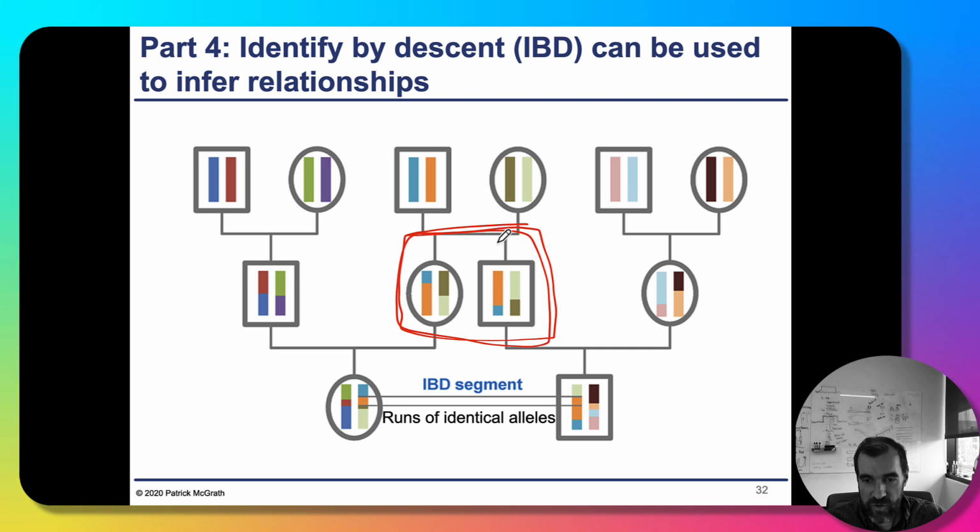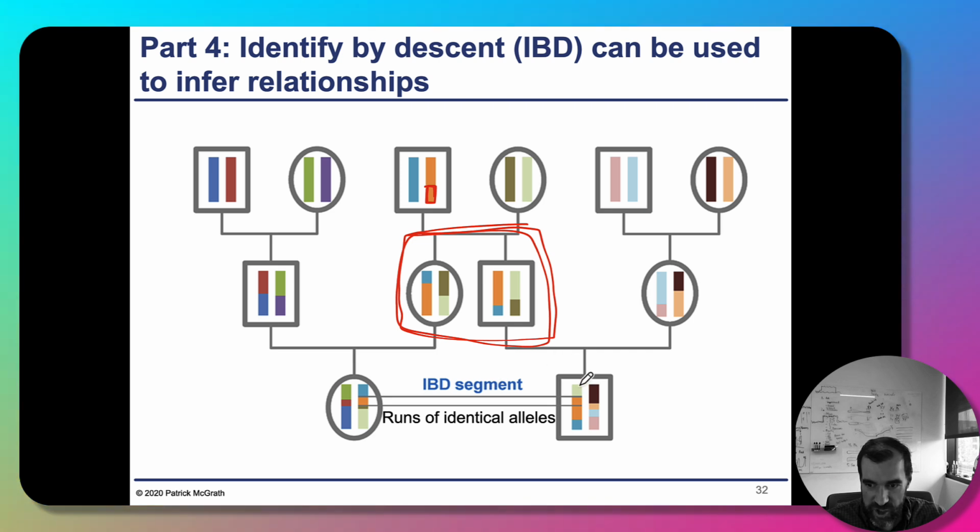They are just going to inherit certain regions of the genome that are identical by descent. What do we mean by that? If you have a large number of offspring, all of the individuals that inherit this orange part of the chromosome are genetically identical to each other. And so these are runs of identical alleles.